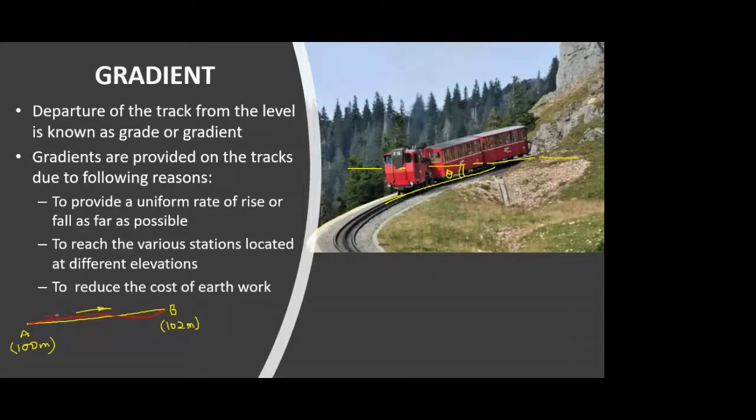Okay, so as you can see here, one up gradient, then a down gradient, and then again an up gradient. So this totally depends on the engineer who is designing this gradient. So mainly gradient is useful when you have two stations located at different elevation.